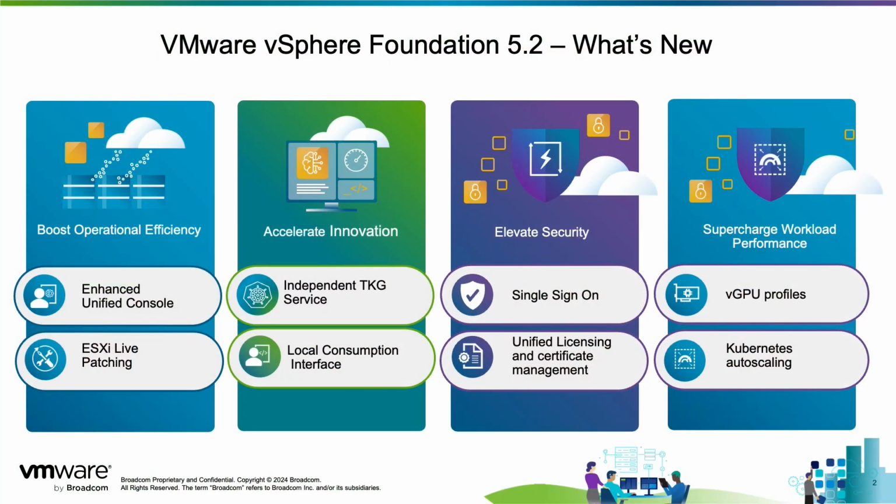But more importantly, what's new in this release is the TKG service, an independent TKG service, so you can get your next Kubernetes version and consume it without having to wait for your next vSphere update. There is decoupling of those capabilities from vSphere, so you can get access to them very quickly.